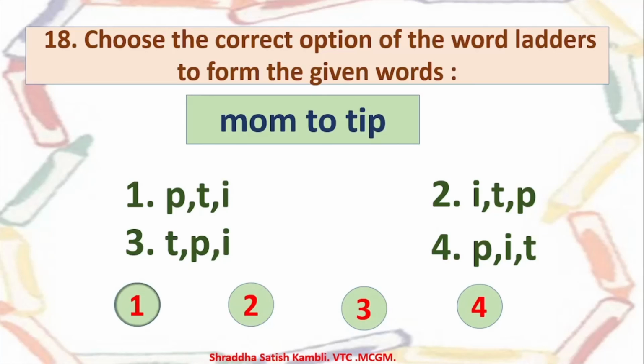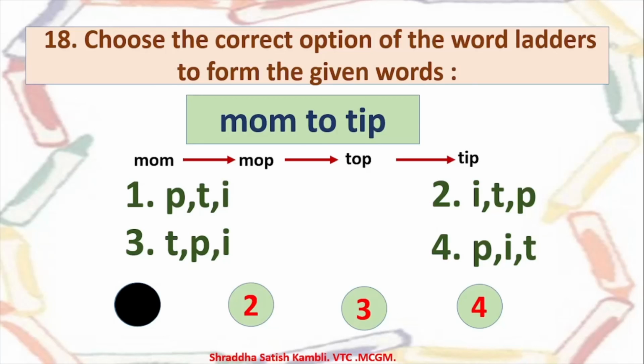Which will be the correct sequence? It will be sequence number 1. MOM will become MOP. Then we will have the T coming in to make it TOP. And then you have the final word TIP.